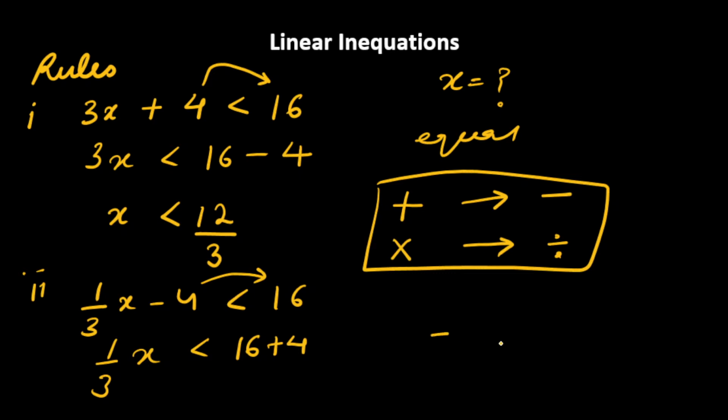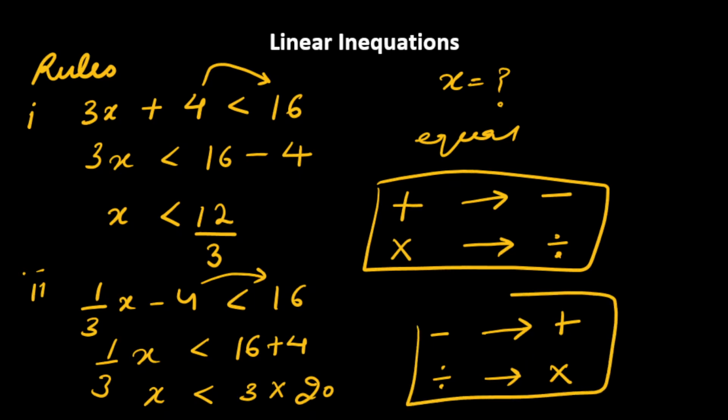Minus, when we shift that number to the other side, will change to plus. Now this 3, if I have to shift to the other side, see, this 3 is getting divided here. When we shift 3 to the other side, it will get multiplied with the other number. So division will change to multiplication. This thing is the same in inequations as we used to do in equations. Only one different rule is there, that I will explain with the help of the next example.